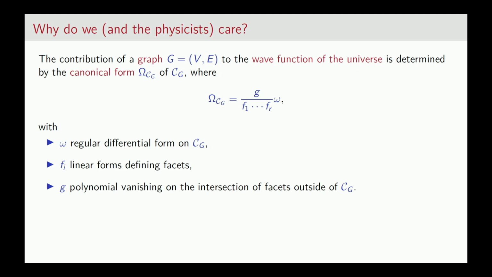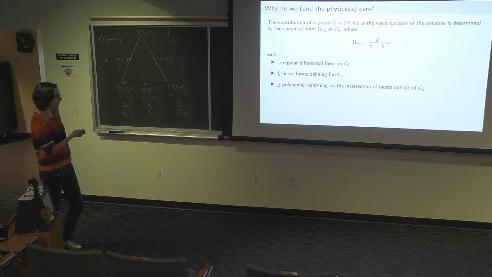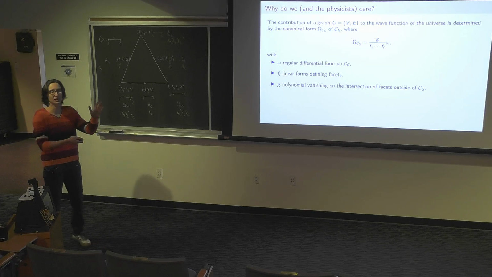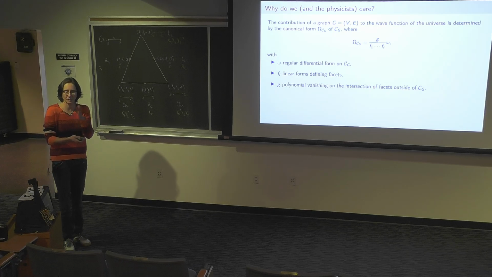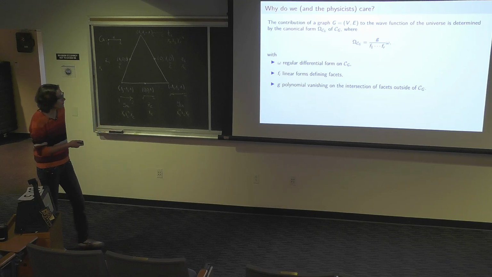So very roughly, what is it? It's a differential form, so omega is a regular differential form on this polytope, and in the denominator, you have a product of linear forms, and these linear forms just define the facets of the polytope. So if you know the polytope, if you have a facet description, you can write down the denominator.